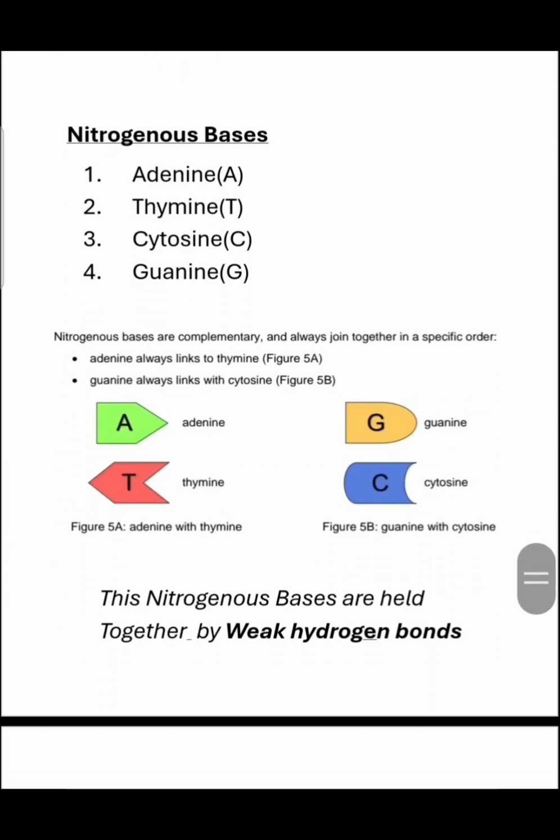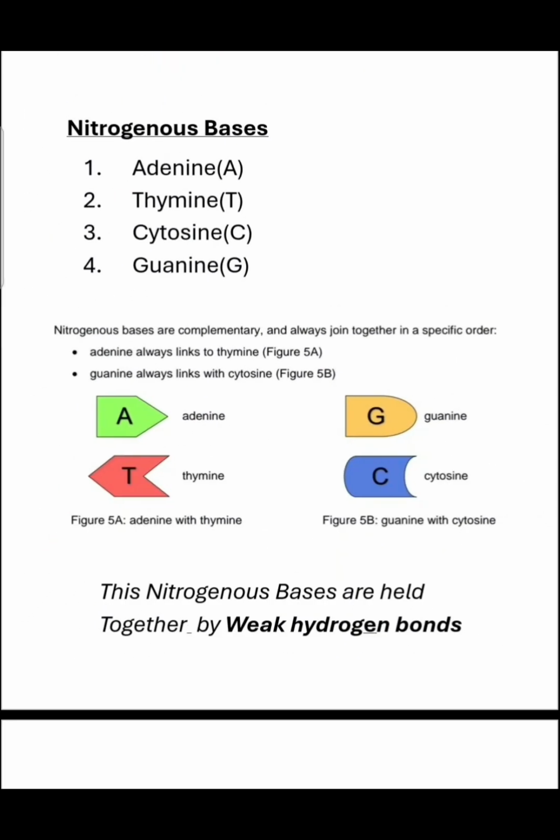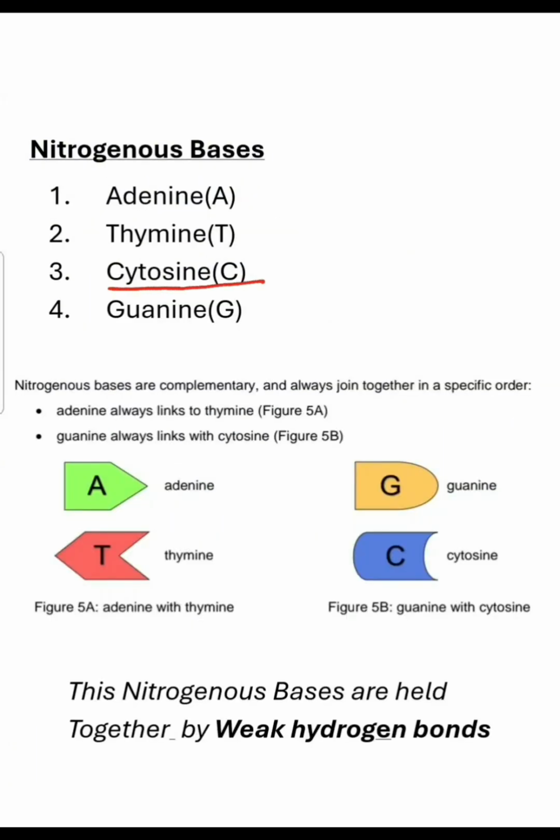Then we are going to learn about the nitrogenous bases. We have 4 nitrogenous bases: adenine, A, thymine, T, cytosine, which is C, and guanine, which is G. You should always remember that nitrogenous bases are complementary and they always join together in a specific order.